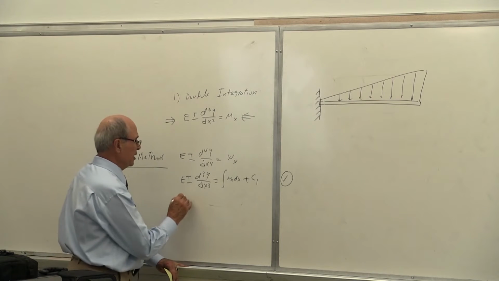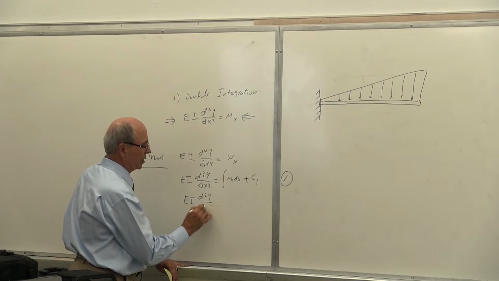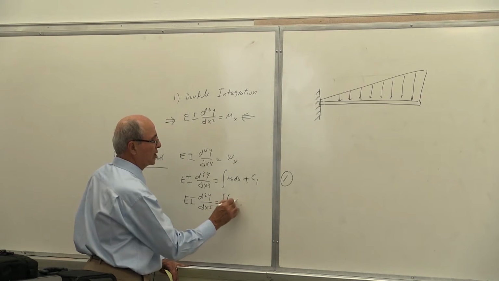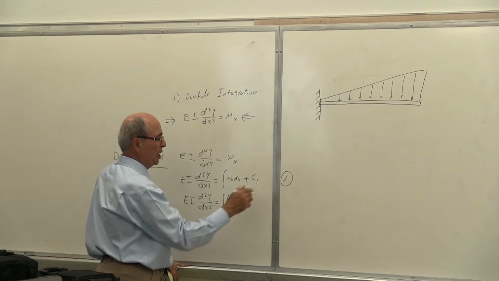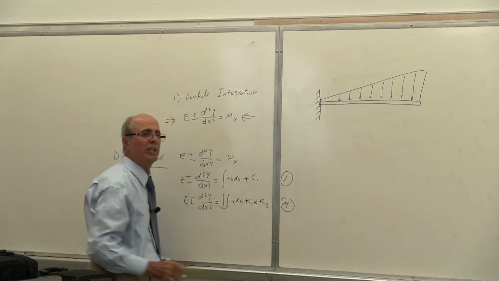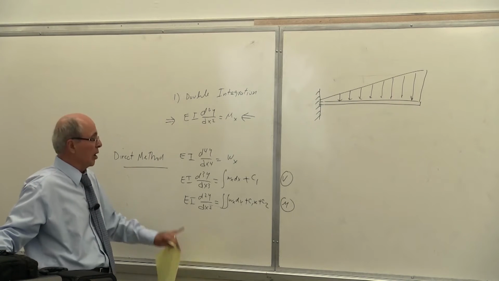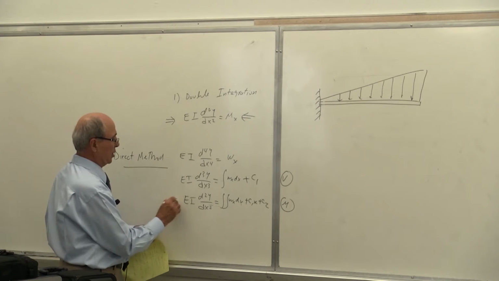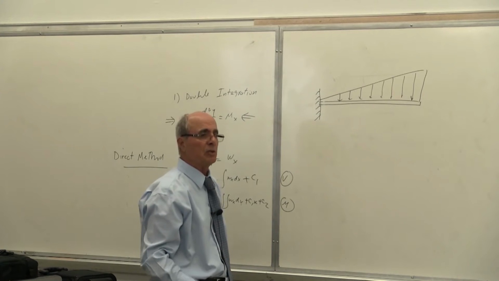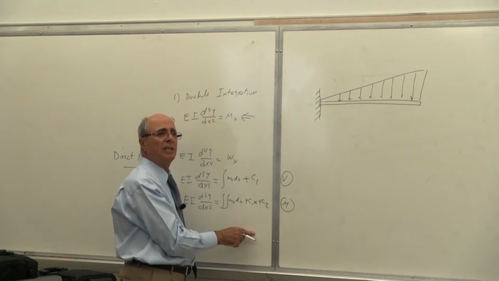And the next one is EI, what do we get? d2y over dx squared equals the double integration of w(x) dx, or the integral of shear, plus C1x plus C2. That is the equation of moment, correct? Now, where are we? This is the same as this one, except it has C1 and C2. However, this is the equation of the shear. This is the equation of the moment.